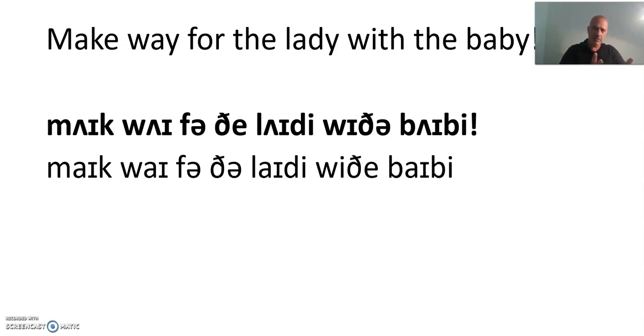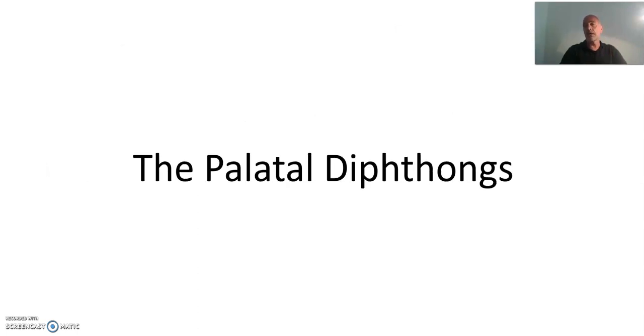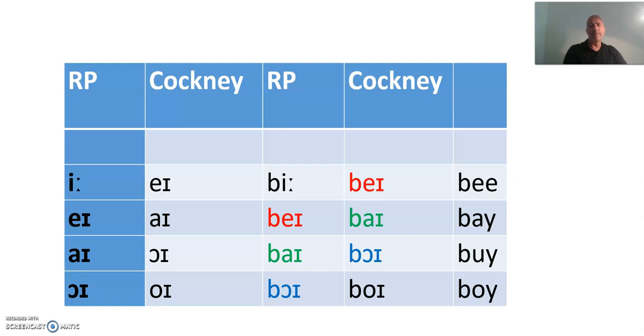This sort of phenomenon, I want to look at in a more systematic fashion. First of all, starting with the palatal diphthongs, which means those diphthongs which in RP end in the palatal vowel E, more or less, where the tongue is put forward. If you look at this table here, you have in RP E, A, I, Oi.